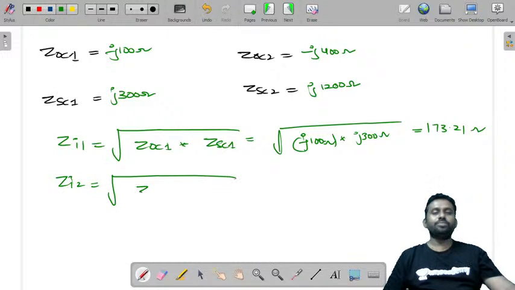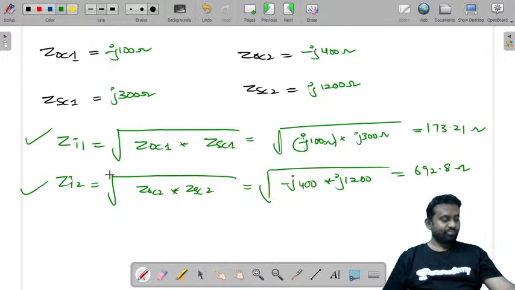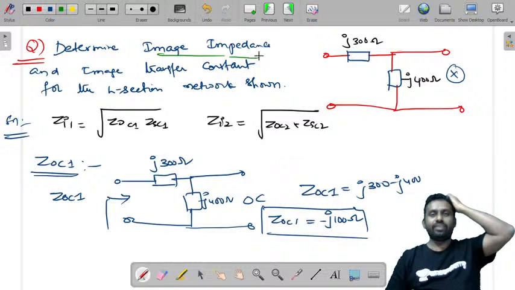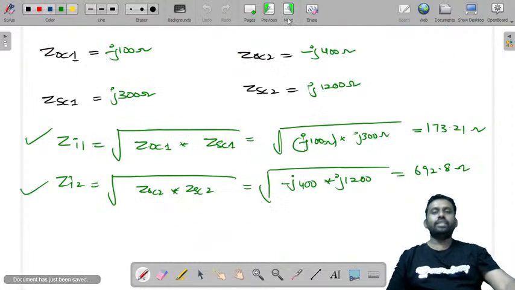It is root over ZOC2 into ZSC2, which is root over minus J400 into J1200. This will give you 92.8 ohms. So this is ZI1 and ZI2. What is the other thing that we are asked to find? We are also asked to find the image transfer constant. So let's see that.